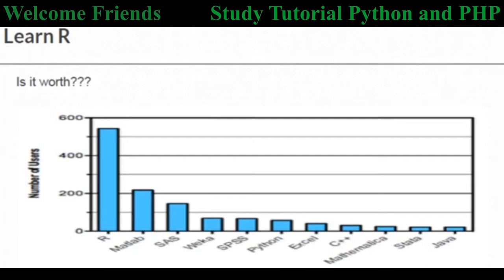So let us talk about R in detail. Guys, when I was preparing this content, I came across this visualization which helps motivate why we need to go for R, whether it is worth it or not.